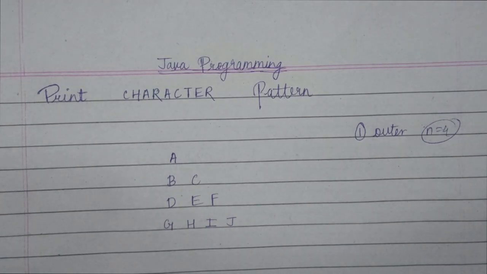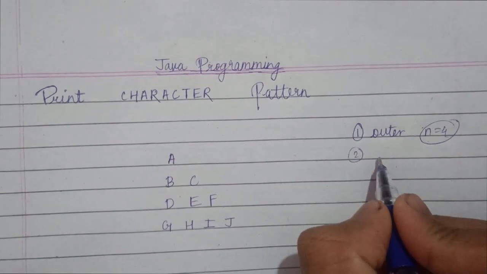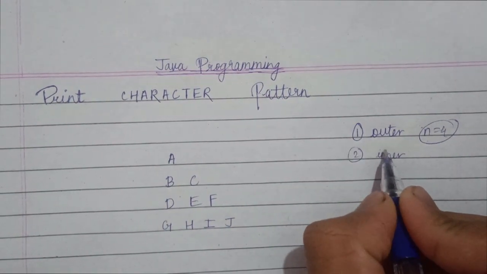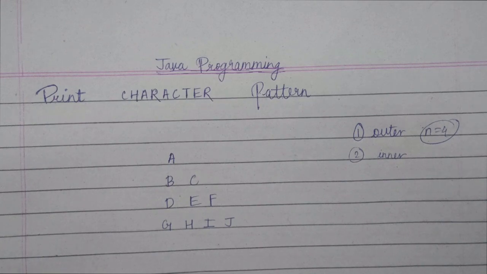In the inner loop, it prints the characters one by one. It will print the character, which means we have to initialize another variable, character, by a.